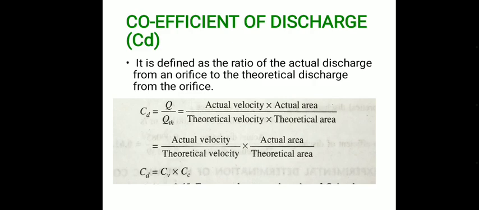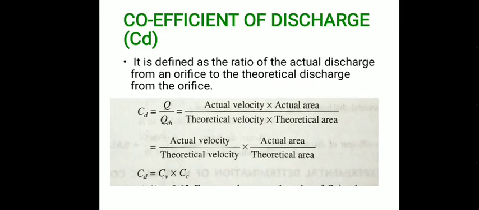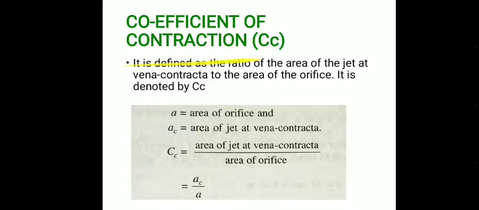Then coefficient of discharge is nothing but the ratio of actual discharge from an orifice to the theoretical discharge from the orifice. Also keep in mind that there is no need of mentioning the term vena contracta in the definition of coefficient of discharge, whereas in the previous hydraulic coefficients we use the term vena contracta.